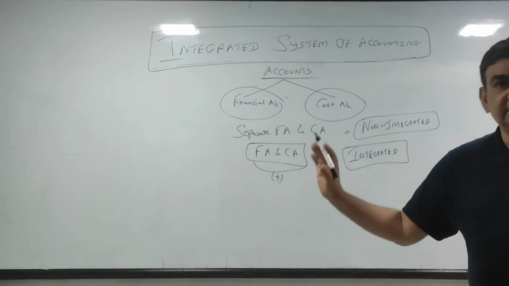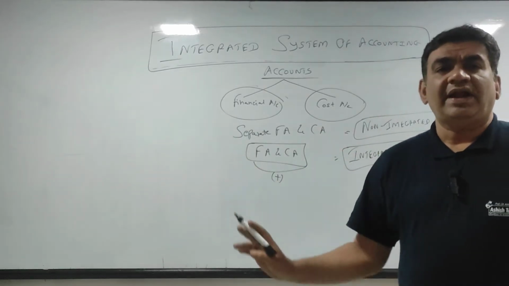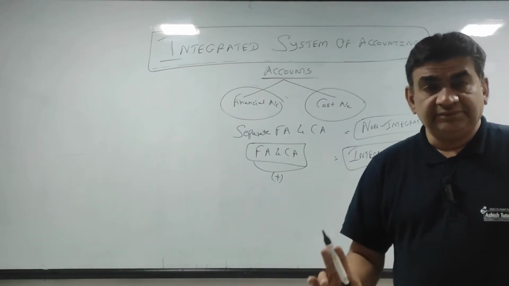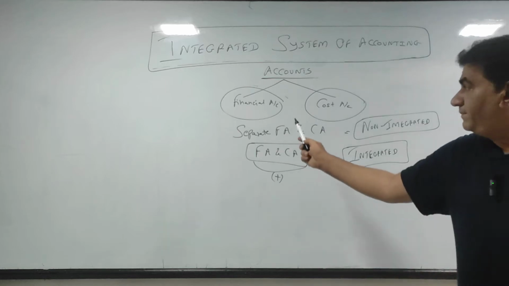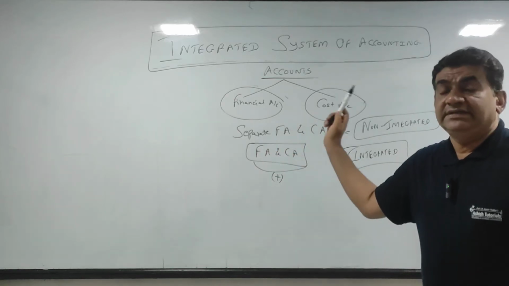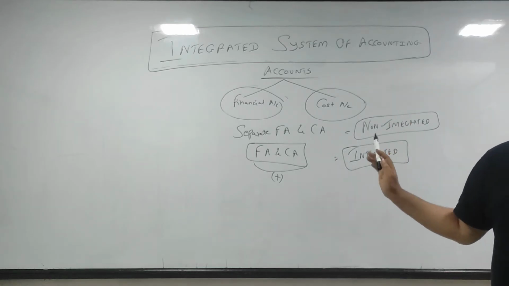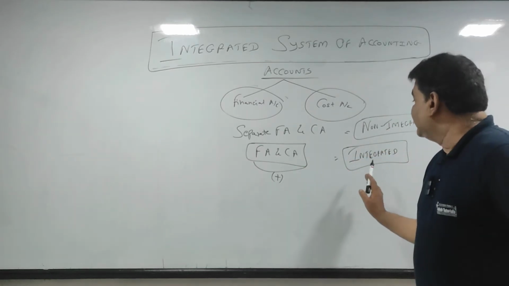Got it? You know this, so automatically the concept for the two chapters becomes simple. So I'll repeat: where there is a separate financial accounting system and a separate cost accounting system, that is called non-integrated, and where there is one, that is integrated.